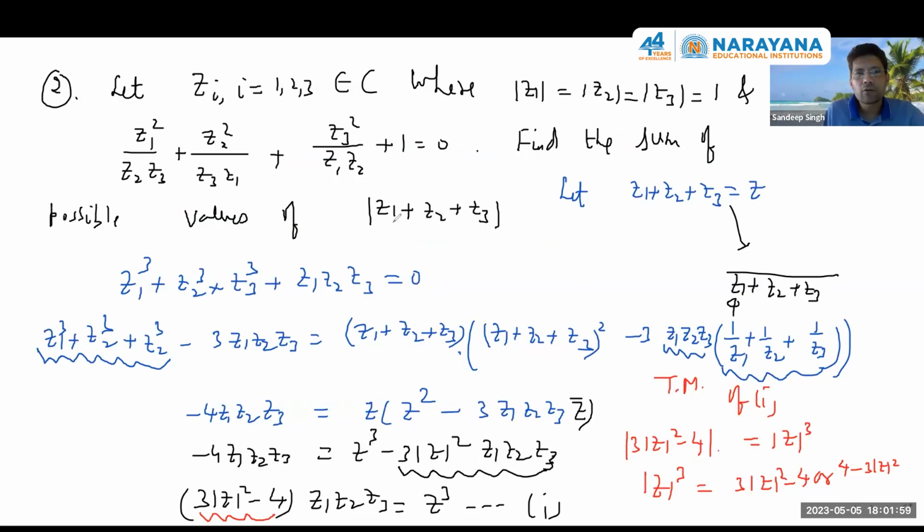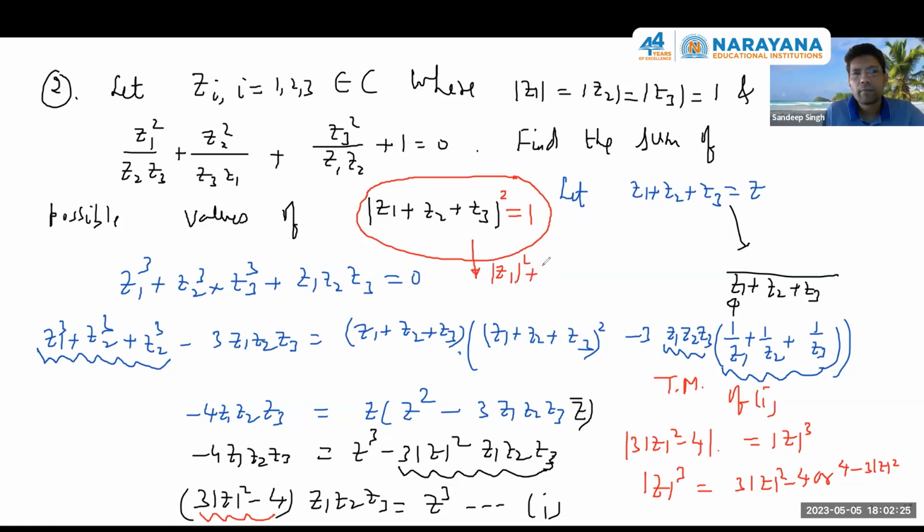So z was this, so mod z, that means magnitude of this equal to 1. So if that is the case, mod z equal to 1, see what is going to happen. Ultimately, what is going to happen? That means if I square this, so we should always look for a possibility of inconsistency. So if this is 1, that means its square is 1. And if you open the square, this will be how much?